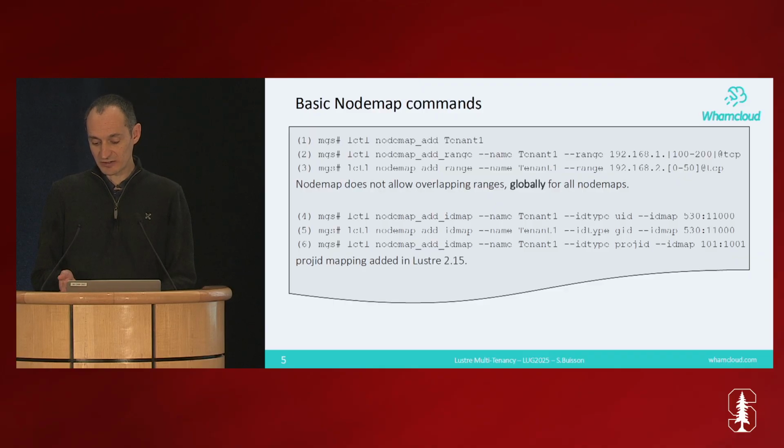So for instance, here it's going to map UID 530 on client side to UID 11,000 on Lustre server side. And so you have to repeat this command for all the different ID types that you want to have, and for all the IDs that you want to map. All those commands have to be run on the MGS side. This is the central point to configure the node map entries.